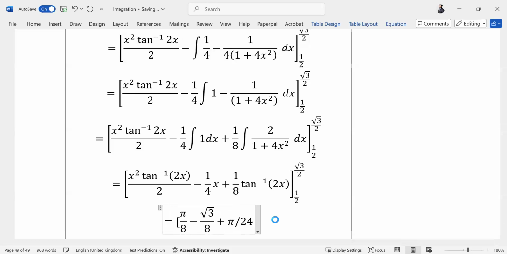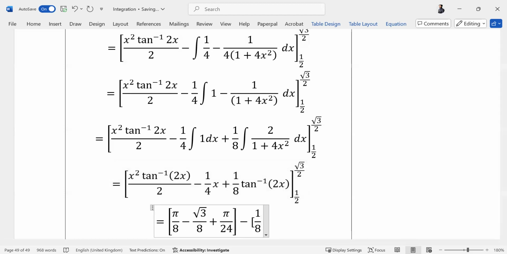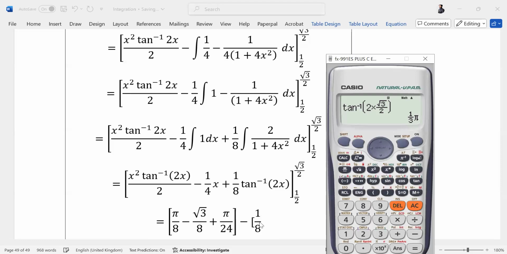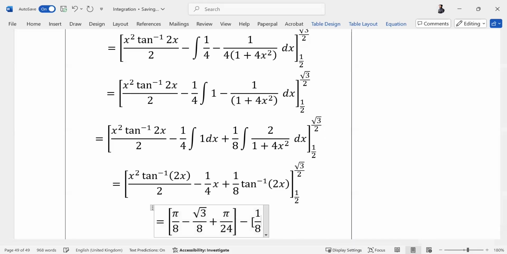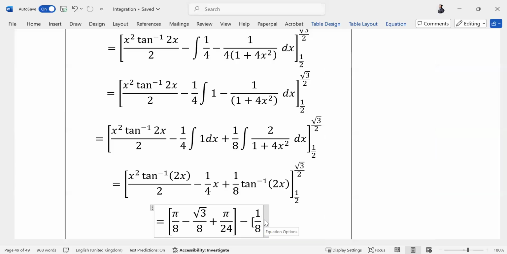So pi/24. This is for the upper limit. Minus the lower limit, half squared is 1/4. This is 1/8. Where tan inverse of 1 is tan inverse of 2 into half is 1, which is pi/4.